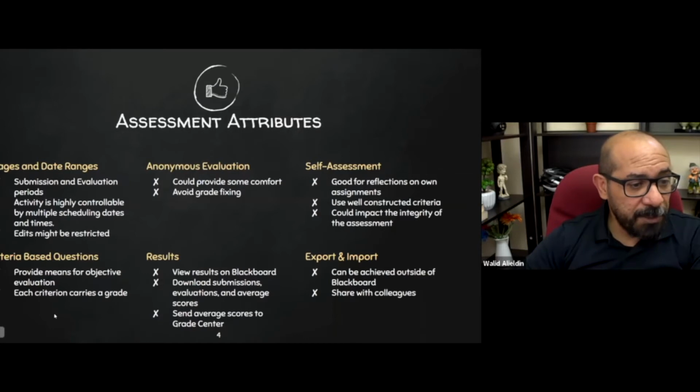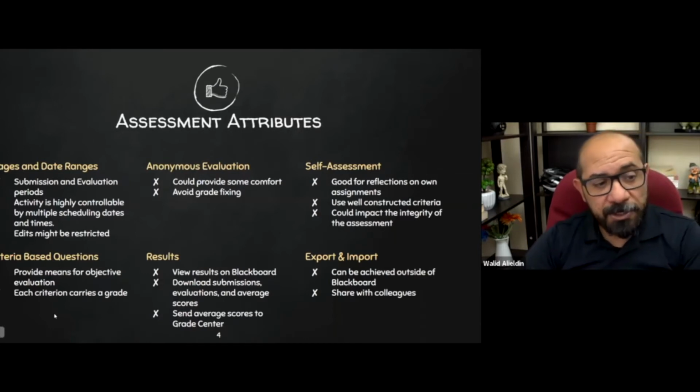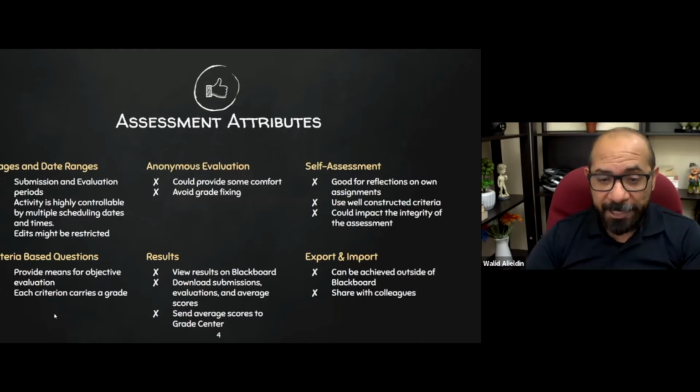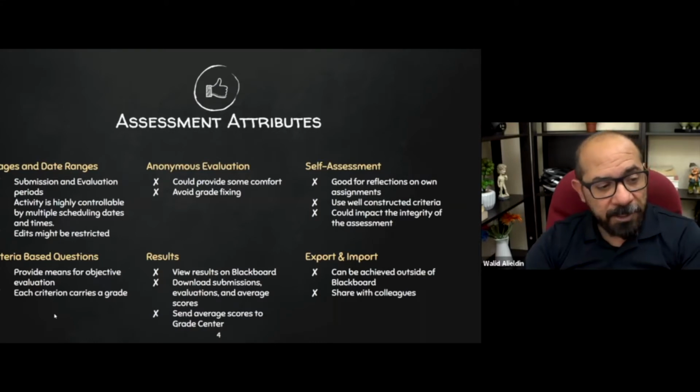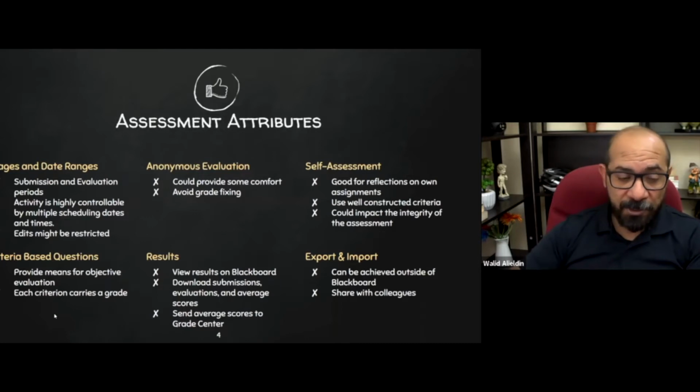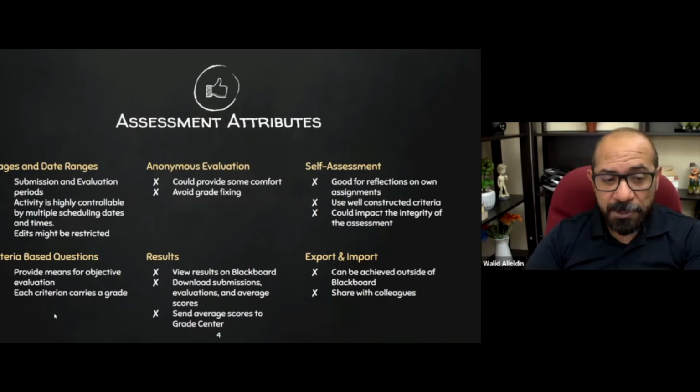The criteria-based questions will really provide means for objective evaluation. The more detail you give in your criteria, the more objective the evaluation will be. And each criterion will carry a specific grade. You can view the results on Blackboard. You can also download submissions, evaluations, and even average scores.